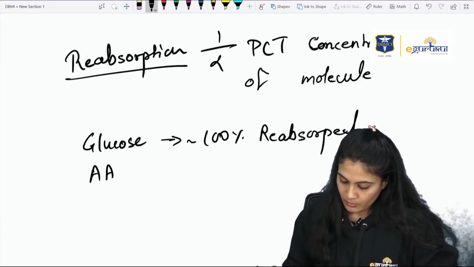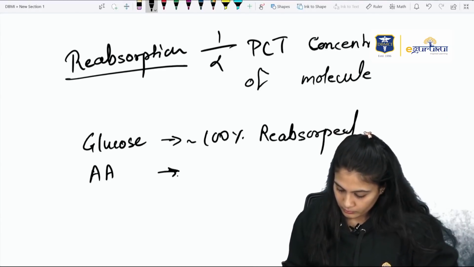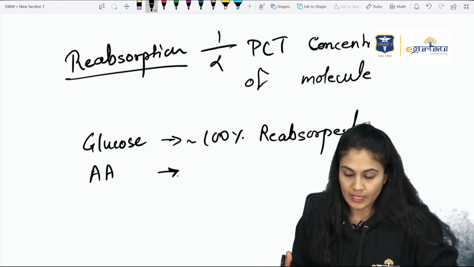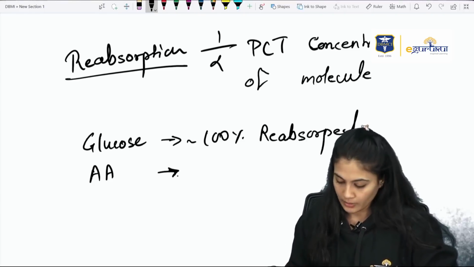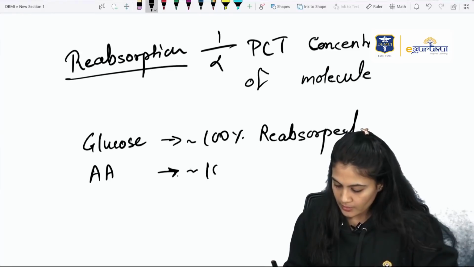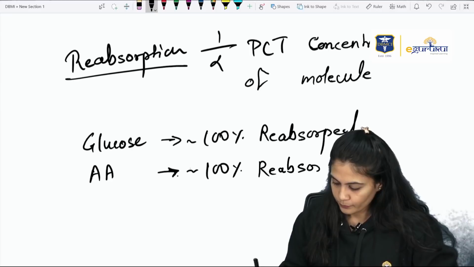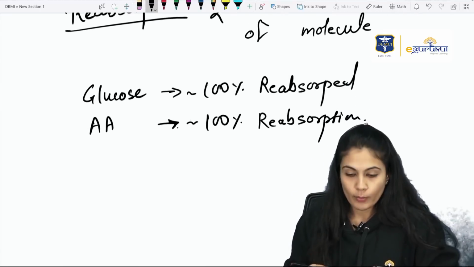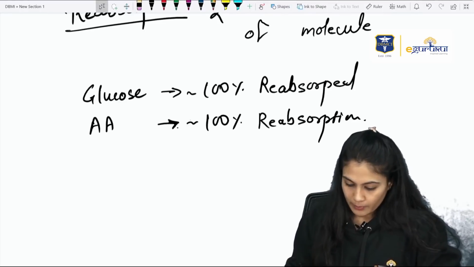or it is exceeding the Tmax value, but such things are not written in the question, so we are taking it as 100%. Amino acid, same, almost 100%. What about the bicarb?